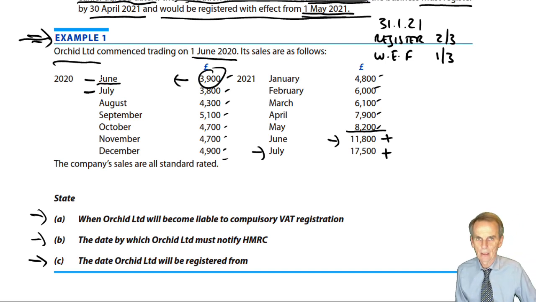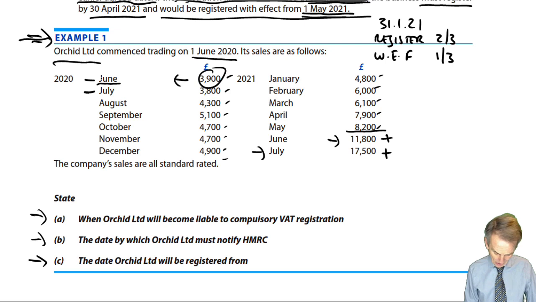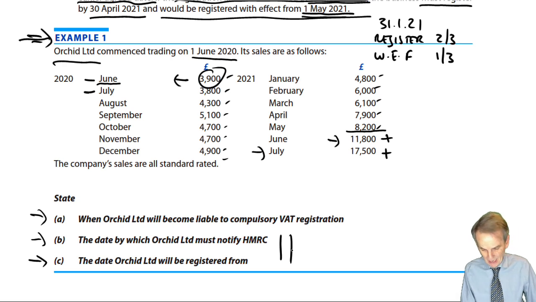And at that point, given that there are no other numbers, you are bound to have exceeded your limit. I need you to prove that for yourself and then answer the follow-on questions, of course, which is the one that's going to be tested in the exam question. That is the date by which we must notify and the date we will be registered with effect from.